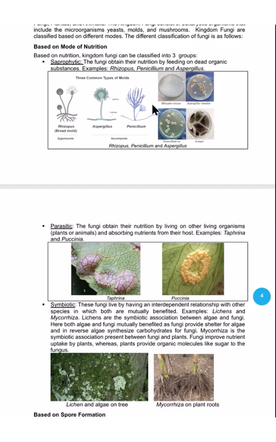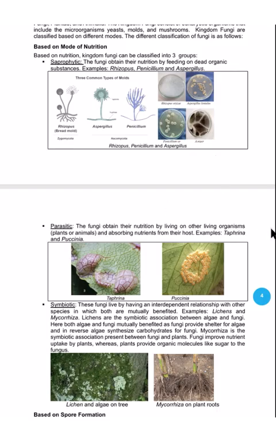That's why you can find them on dead bodies, or you can even grow them in laboratory media, because laboratory media is just decomposed chemical compounds that are ready for the fungi to absorb. So these mainly include Rhizopus, Aspergillus, and Penicillium.